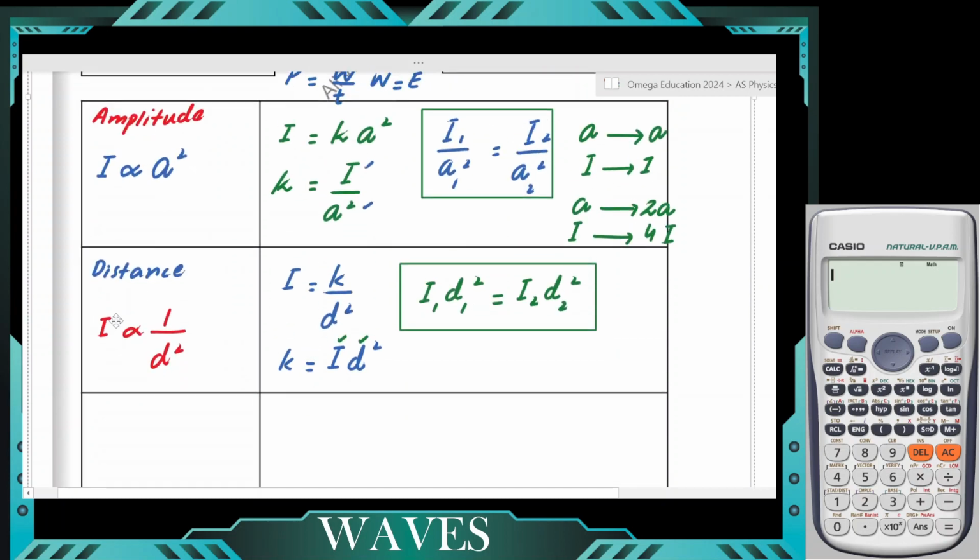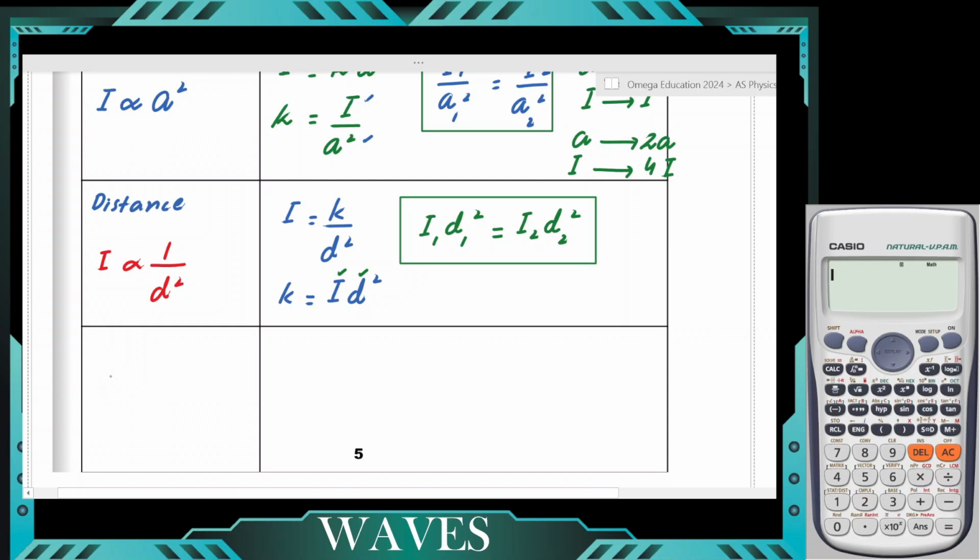So if I combine the first one and the second one, I can also write an expression that looks something like this. Now, how can we write this one? The first expression was intensity is directly proportional to the square of amplitude, and the second one was intensity is inversely proportional to the square of distance.